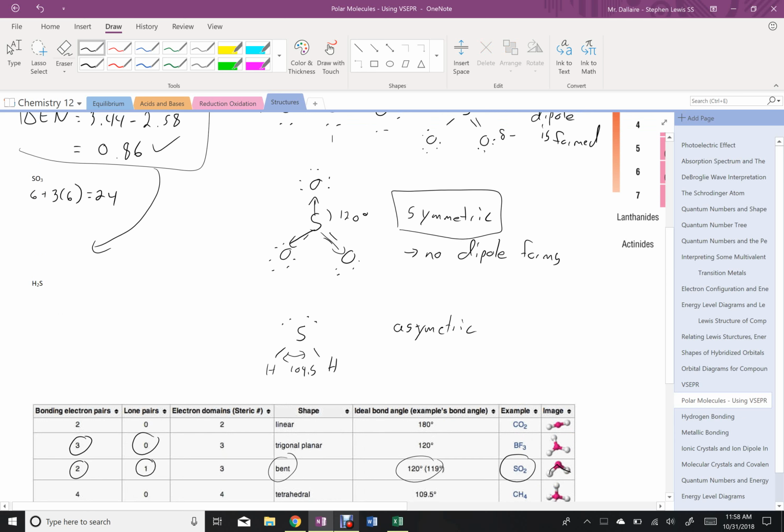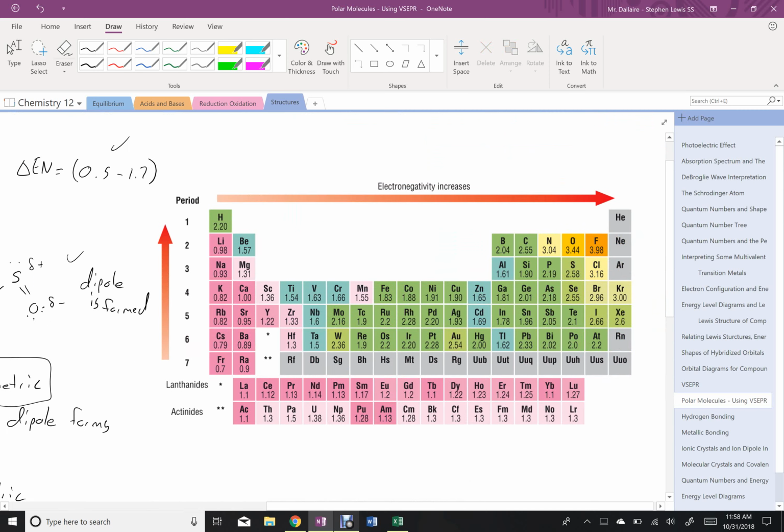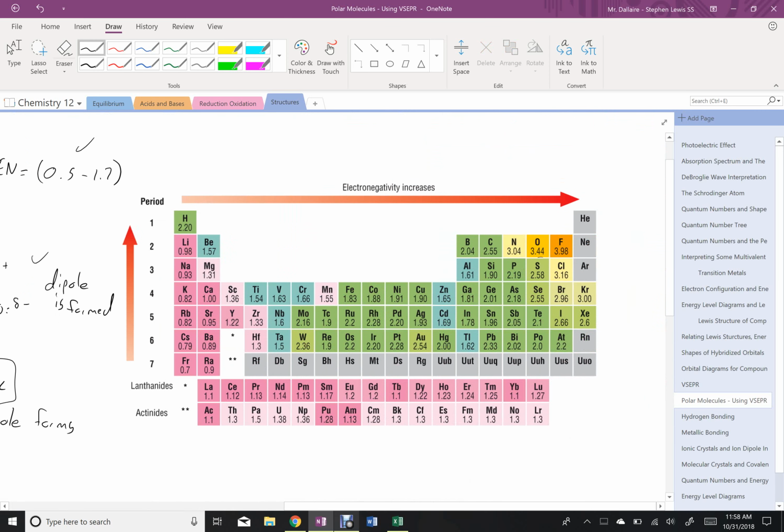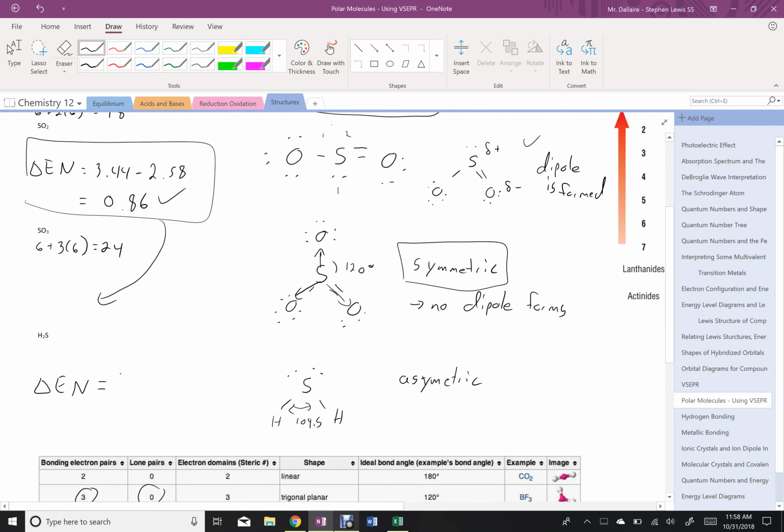So we might be thinking a dipole is going to form, but let's slow down and check our electronegativity difference and make sure that we had a polar covalent bond in the first place. So here's sulfur at 2.58 and hydrogen at 2.2. So 2.58 minus 2.2 gives me an electronegativity difference of 0.38.